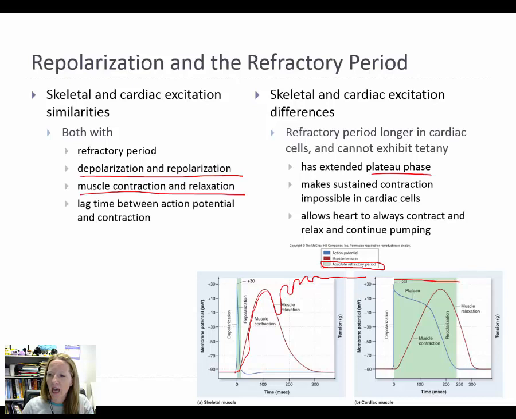This is going to make sure that cardiac muscle does not undergo a sustained contraction. Can you imagine if the cardiac muscle were under a sustained contraction, or tetany? It would just lock up like this. We need that cardiac muscle to contract, relax. And that's the importance of having that nice absolute refractory period.